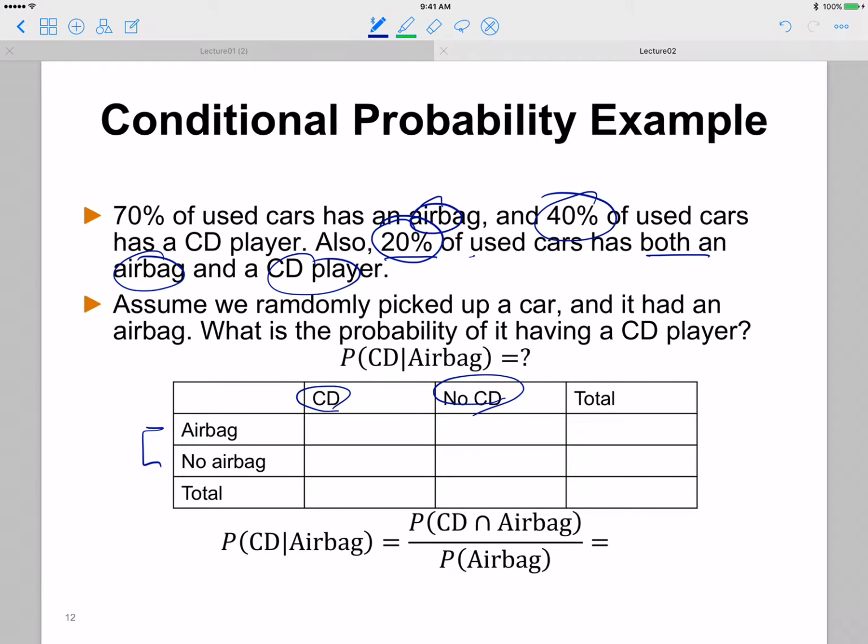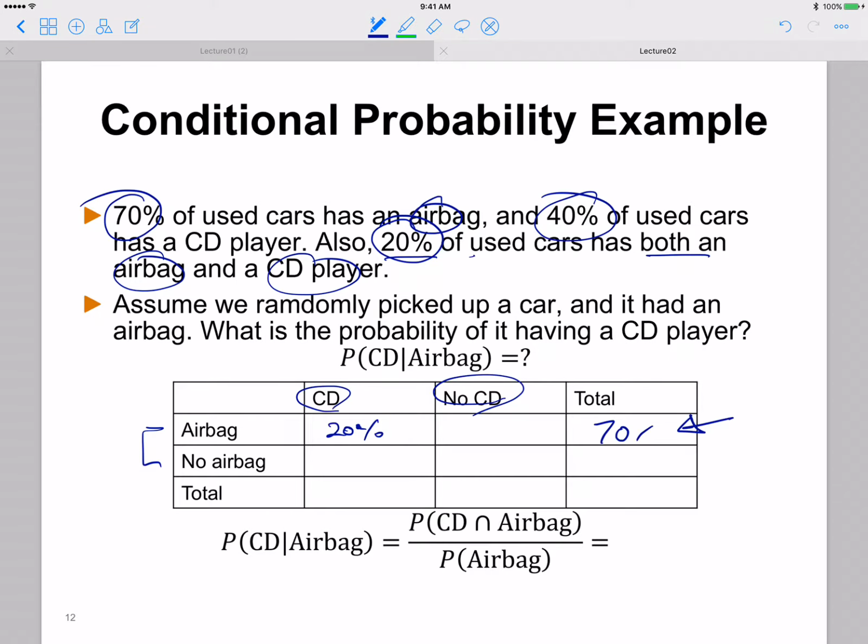So we have 20% here. The total probability of having an airbag is 70%, because the first sentence says so.